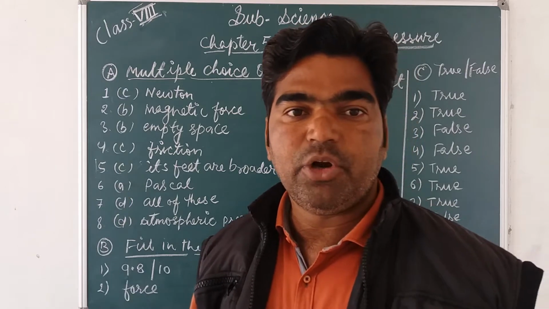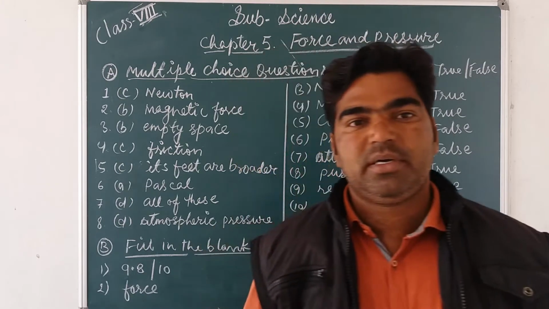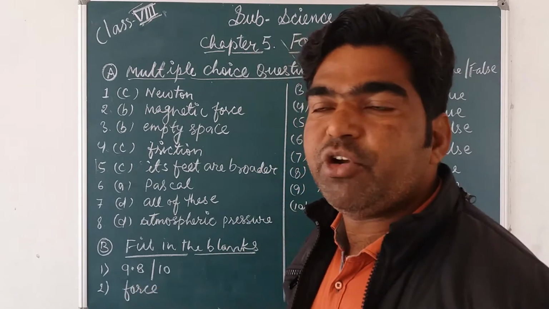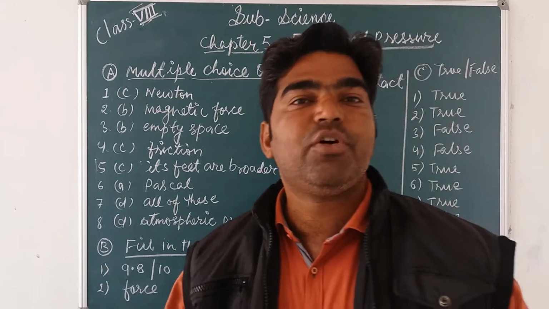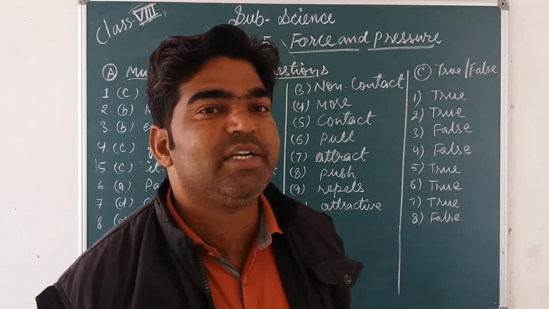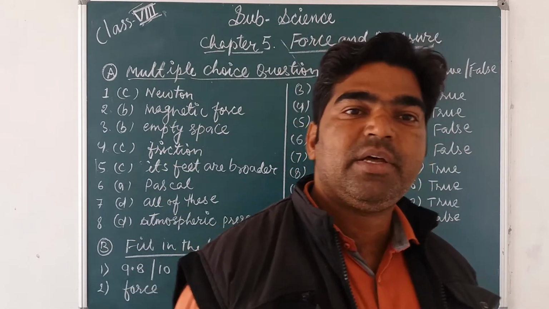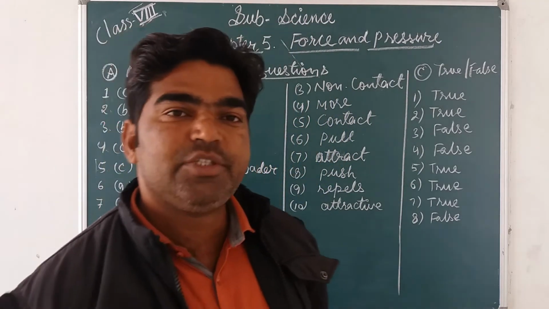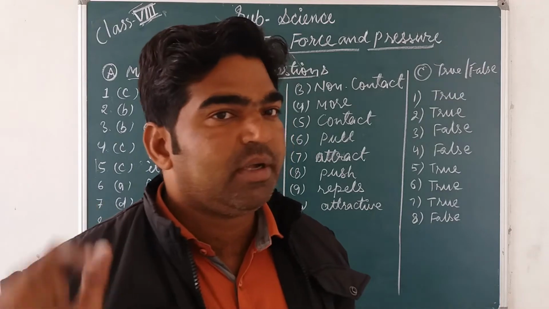Then we discussed the unit of force. The SI unit of force is the Newton, and in the CGS system it is the dyne. And 1 Newton is equal to 10 raised to the power 5 dynes.